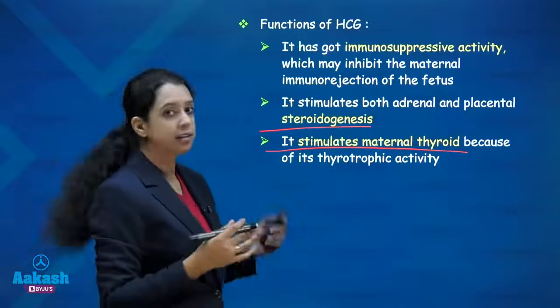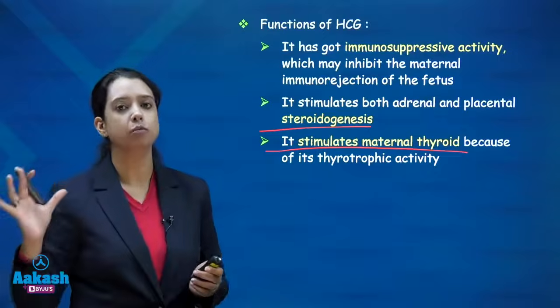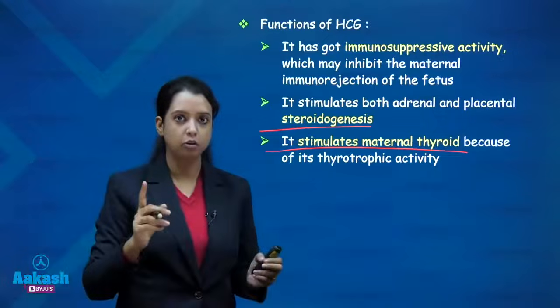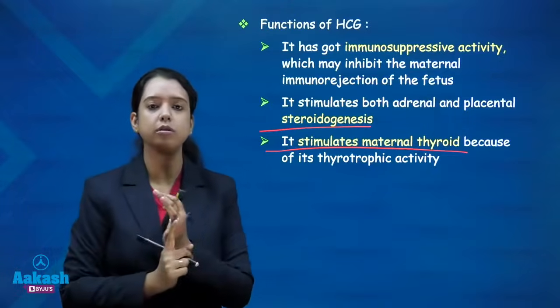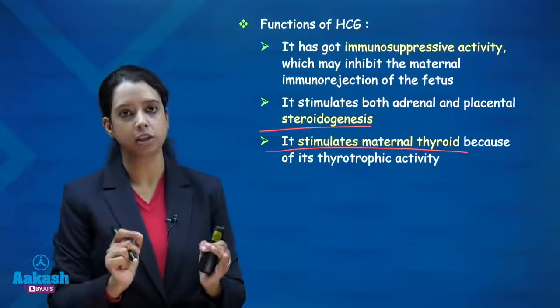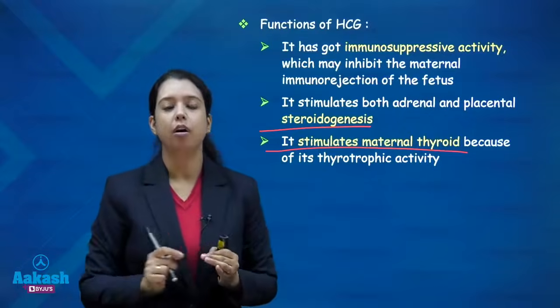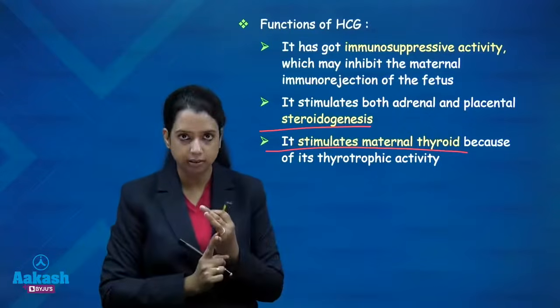Okay. Now a question has been asked in INI-CET also on the protein hormones secreted by the placenta. That was the question in INI-CET. The protein hormones secreted by the placenta are many, but the most important protein hormone is HCG. After that, human placental lactogen is secreted.